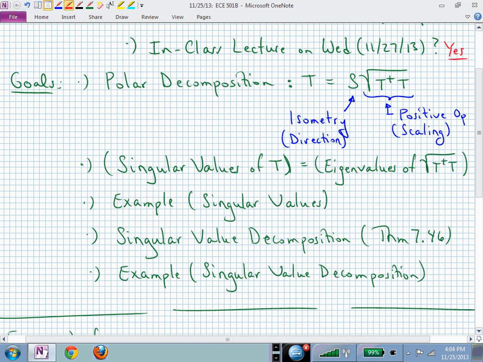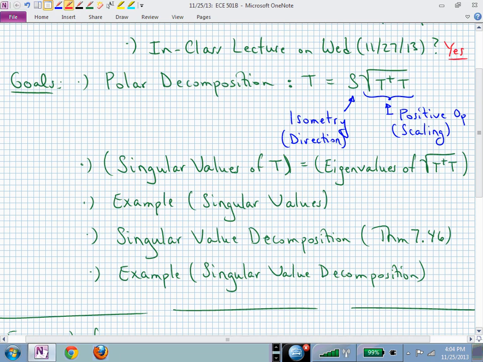We'll then state the singular value decomposition and discuss it a little bit and hopefully give an example of it. Really what that does is, given any linear map, not just an operator, with the singular value decomposition you can now identify the four fundamental subspaces.